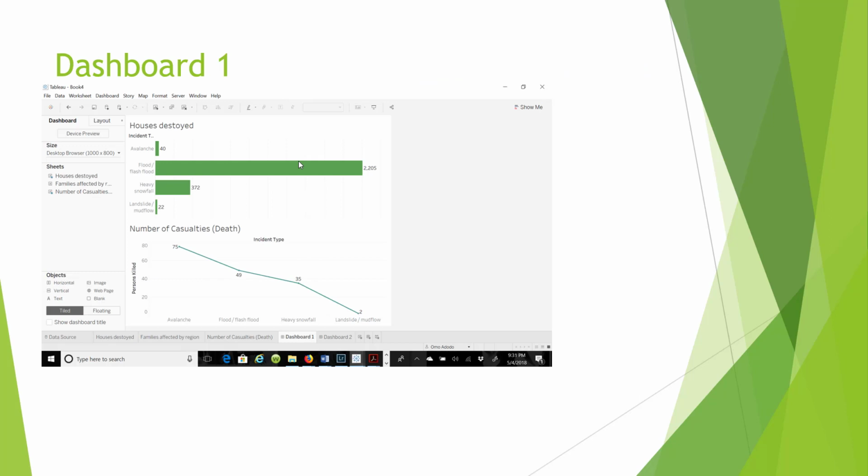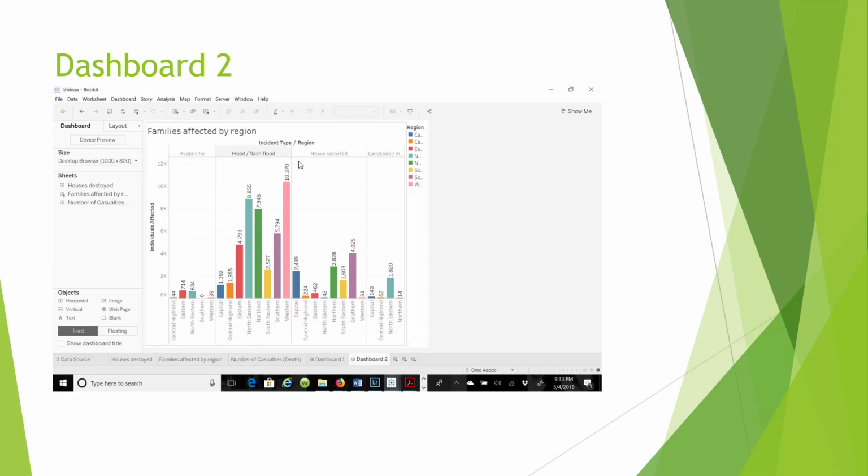So this is one of the dashboards and visualizations for the earthquake in Afghanistan. It looks like the majority of houses were affected by the flood and flash floods, while casualties were high due to the avalanches in the hilly and mountain regions.